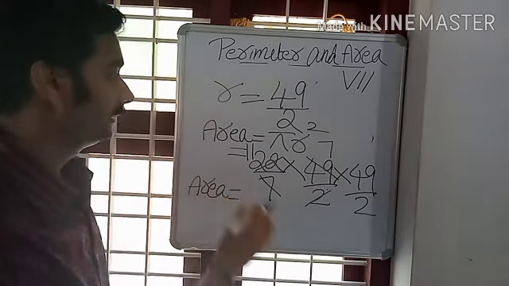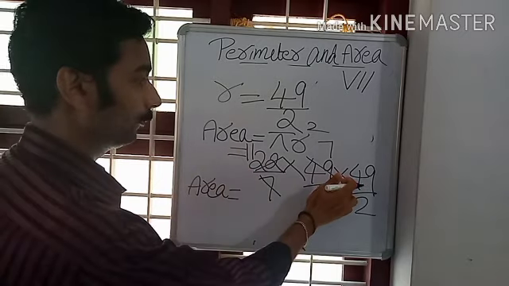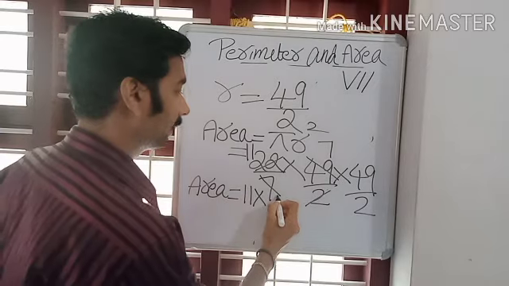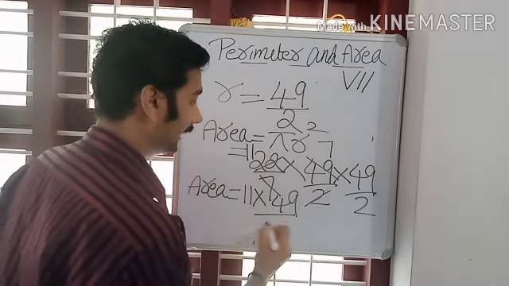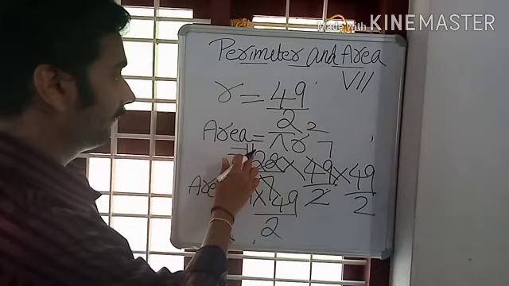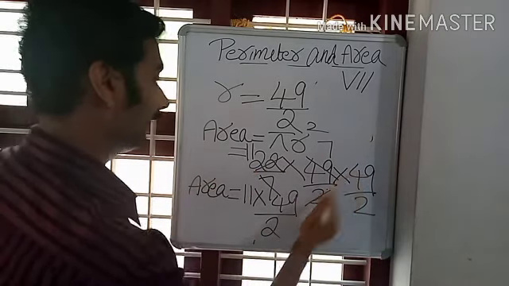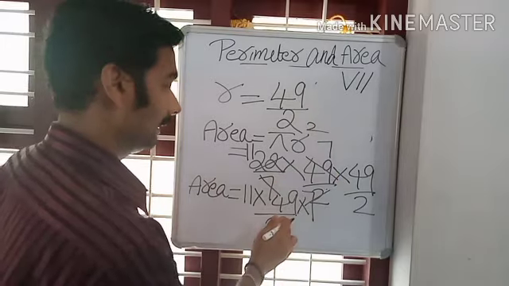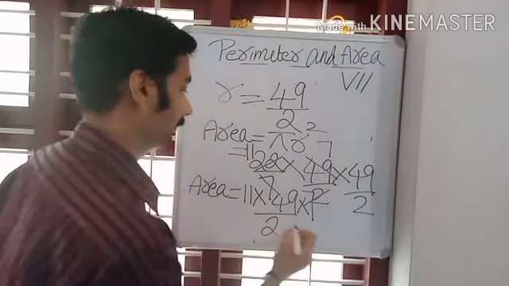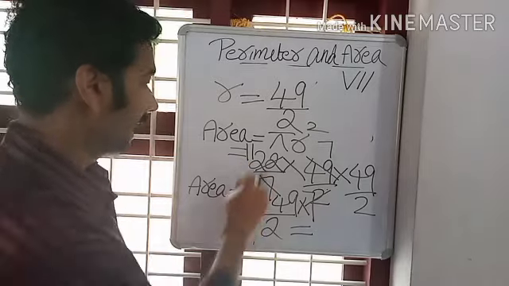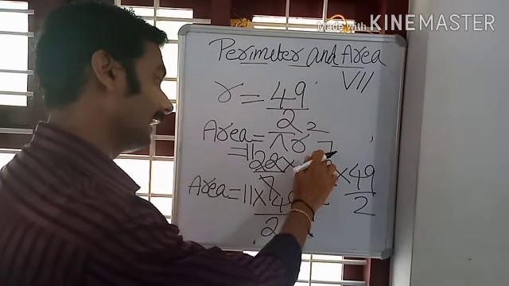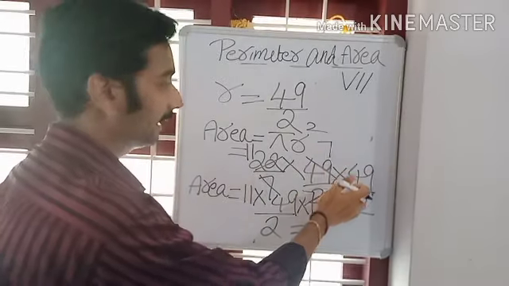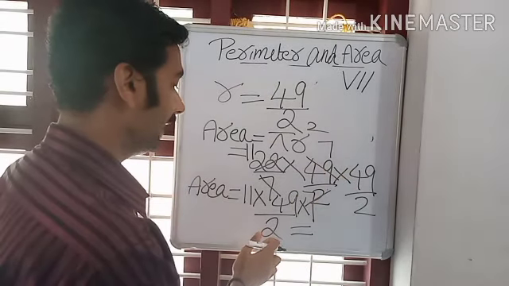Area equals 11 into 7 into 49 by 2. 7 into 49 by 2.